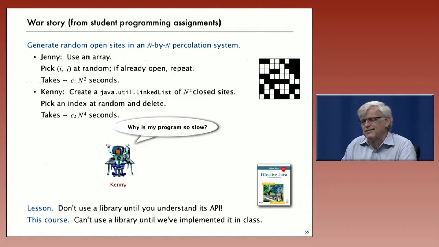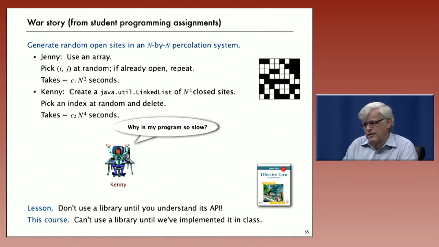And the reason is that the Java linked list implementation takes linear time to find an item with a given index, not constant time like an array. And that's difficult for Kenny to think about and difficult to derive that information from the implementation, so the program is just too slow.